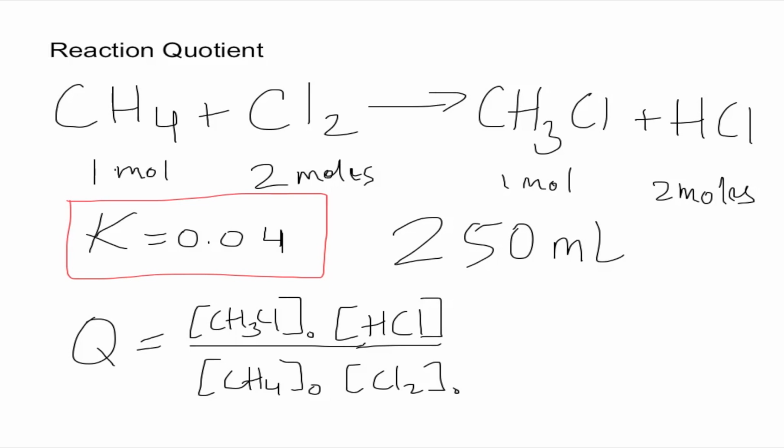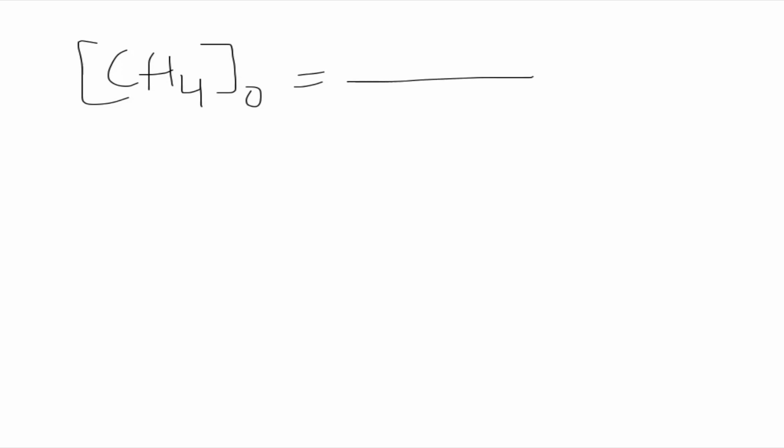However, for this formula we need concentration, and what we have is the number of moles. So we have to find the molarity. We have to divide the number of moles over the liters, so 250 milliliters or 0.25 liters. So for the case of methane, CH4, the concentration would be equal to the number of moles, which is 1 mole, over the volume, which is 0.250 liters.